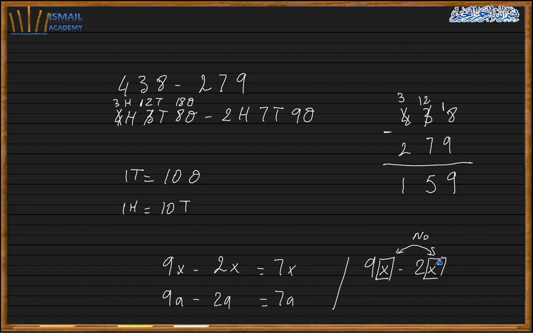So that makes the whole thing different. You see, if it's like this, I have x here, x here. Those quantities are the same. I have 9 of this quantity minus 2 of this quantity. What's left is 7 of the same quantity. Here I have 9 of this quantity, but this is not the same thing as this. So I cannot do anything here because they're not similar.